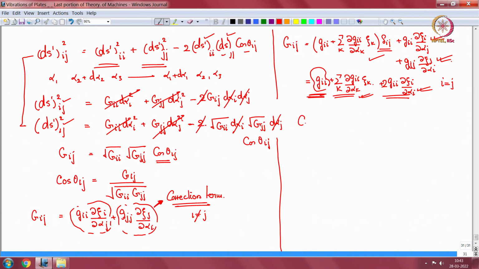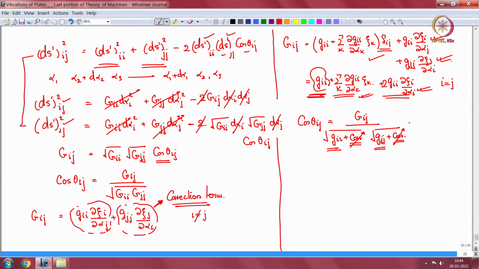So cos theta_ij I am going to write as G_ij by, if I have G_ii plus corrections and G_jj plus corrections, these corrections being small terms compared to the original order 1 term, I am going to drop them.